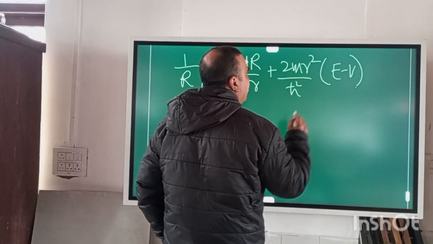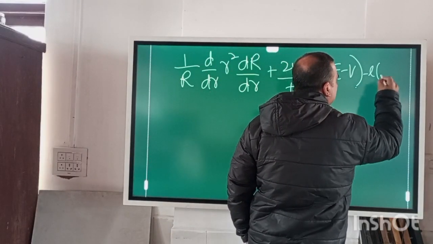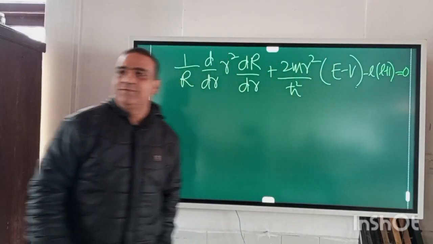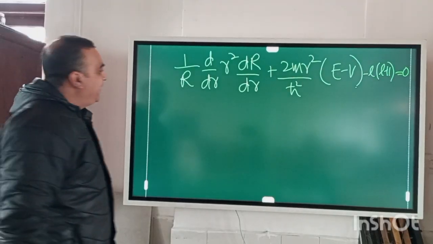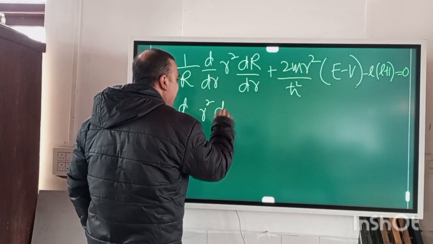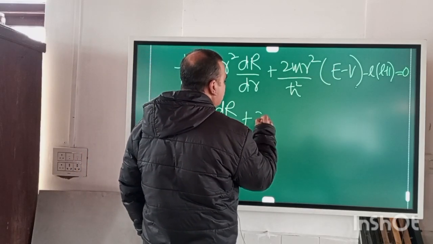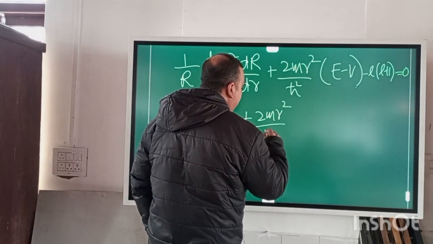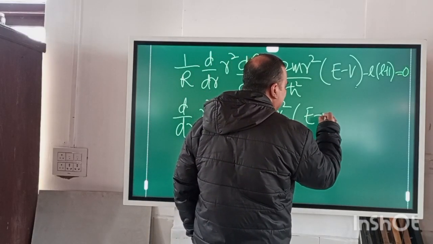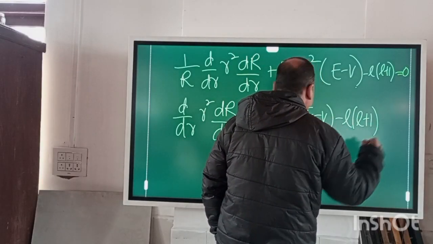Okay, E minus V minus L into L plus 1 is equal to 0. Right? Fine? Now you can immediately see that this is d by dr of r square dR by dr. Then you have plus 2m r square by h bar square, and then E minus V, no problem, minus L into L plus 1.